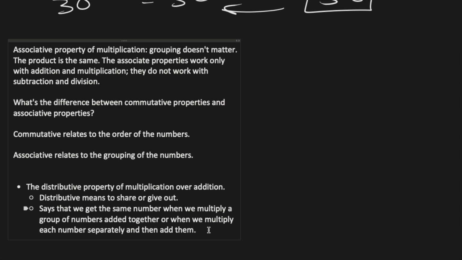So the distributive property can be used when multiplying a number by the sum of two numbers.